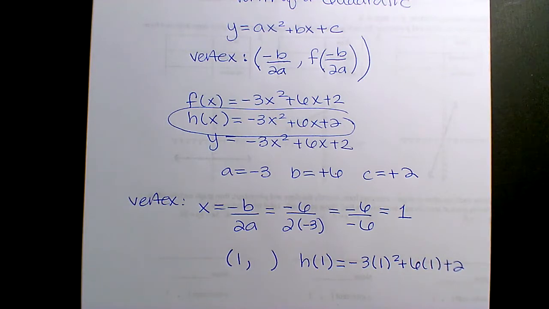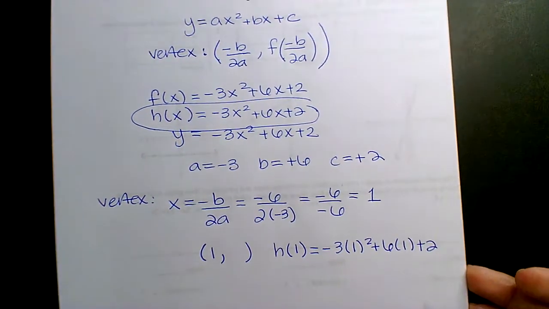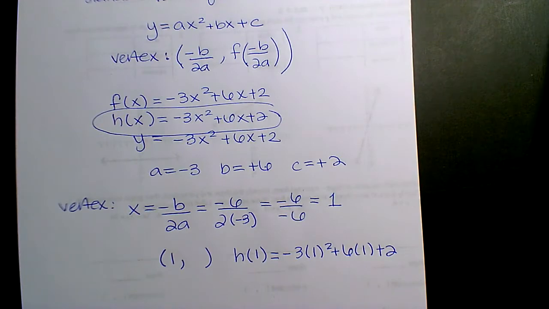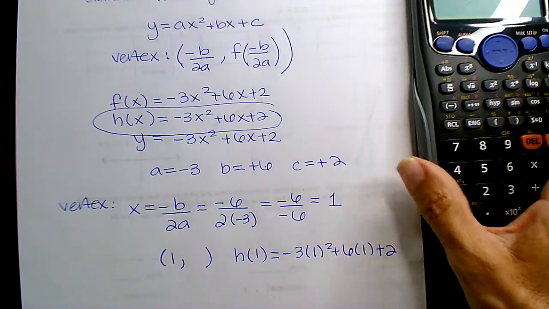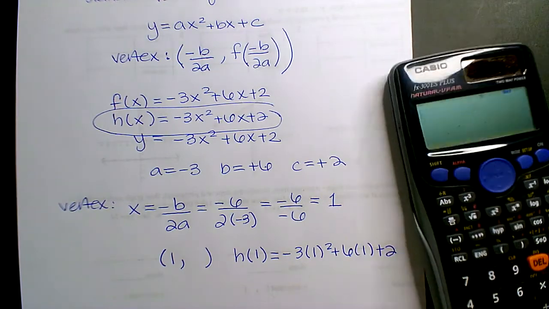If the numbers are small enough, you might be able to compute it in your head, but if you want, you can use the calculator. You should be able to do it in your head.